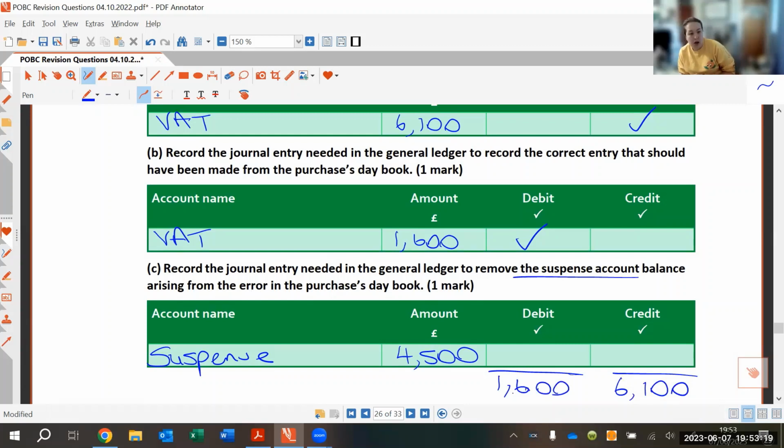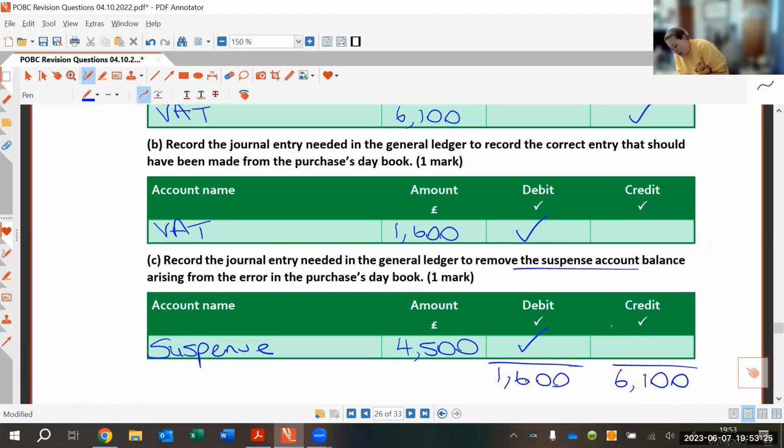Are we debiting or are we going to credit? At the moment, we are light on the debit side. So we're going to debit the suspense account, which then means that we've got 6,100 on both sides. You see that? So originally that suspense account did have a credit balance, but that's irrelevant. You don't need to know that.